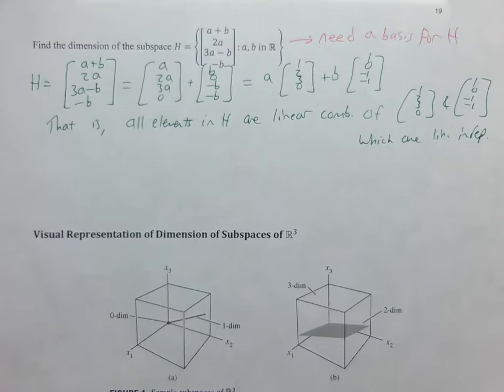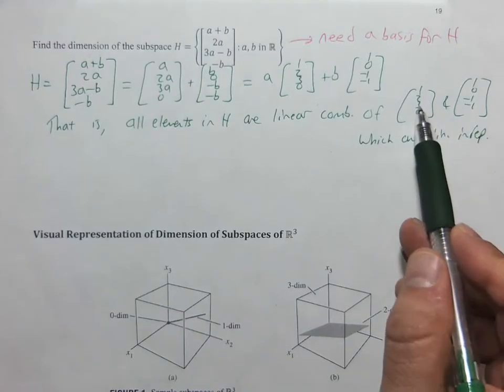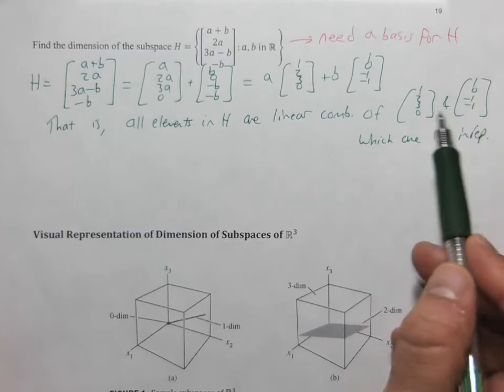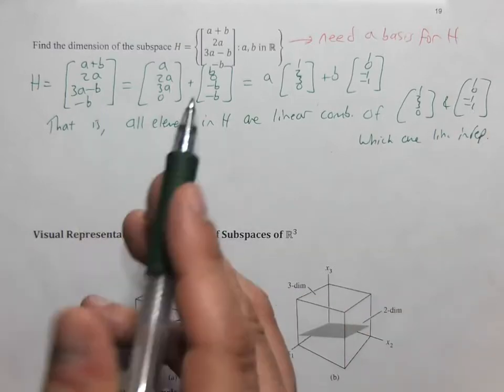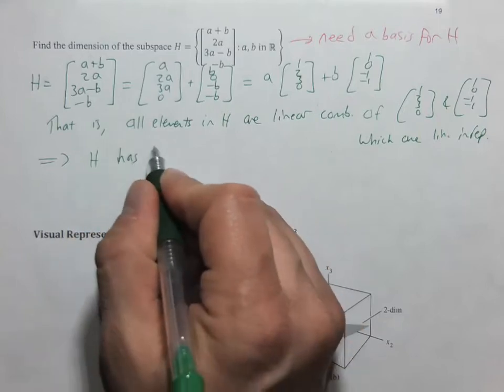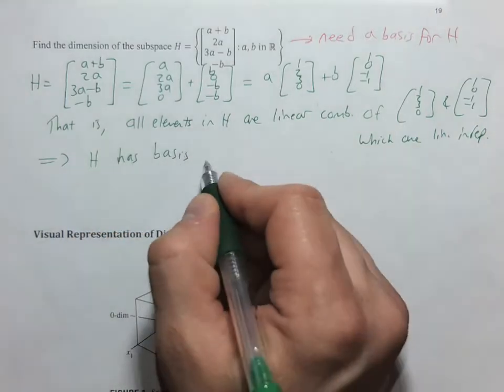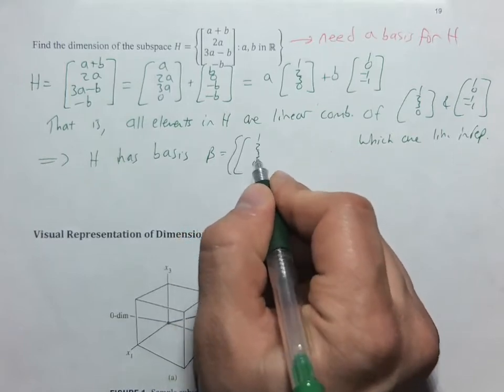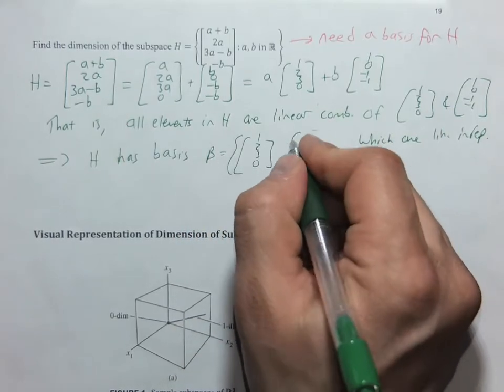We can just look and see they're linearly independent because you can't multiply one of them by a constant to get the other one. The other way to see that is if we row reduce the matrix, the homogeneous equation, there'd be a pivot in each column, which means there are no free variables, right? So those two vectors form a basis for this space. H has basis beta equal to those two vectors.